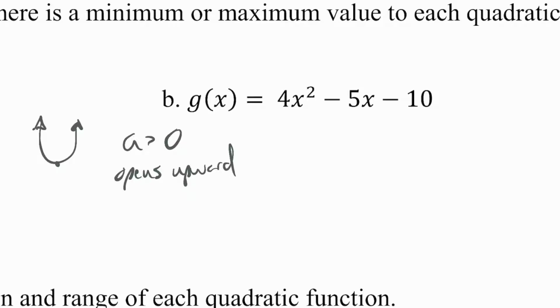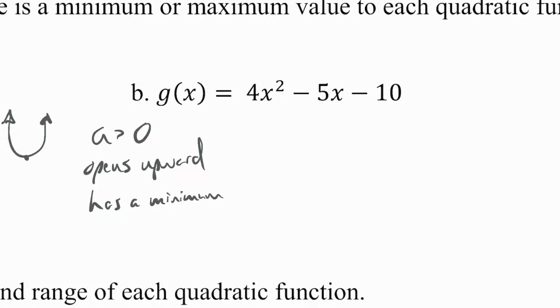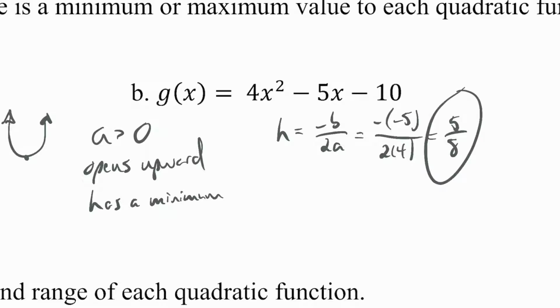So it has a minimum. And to look for the axis of symmetry, h equals negative b over 2a. So negative, negative 5 over 2 times 4. So 5/8. So that is where the axis of symmetry is, 5/8.